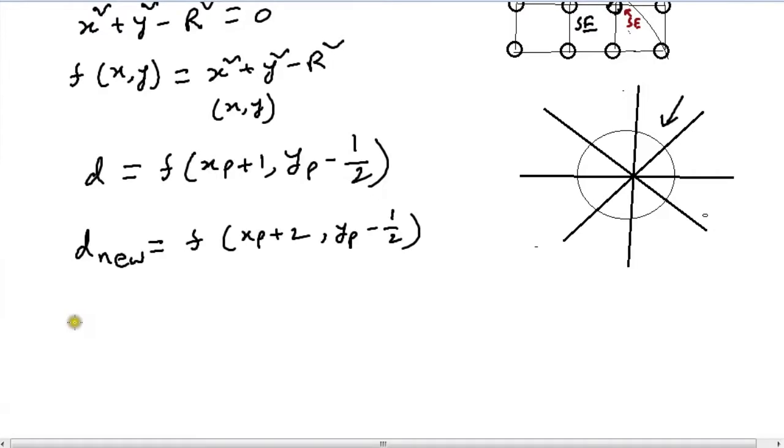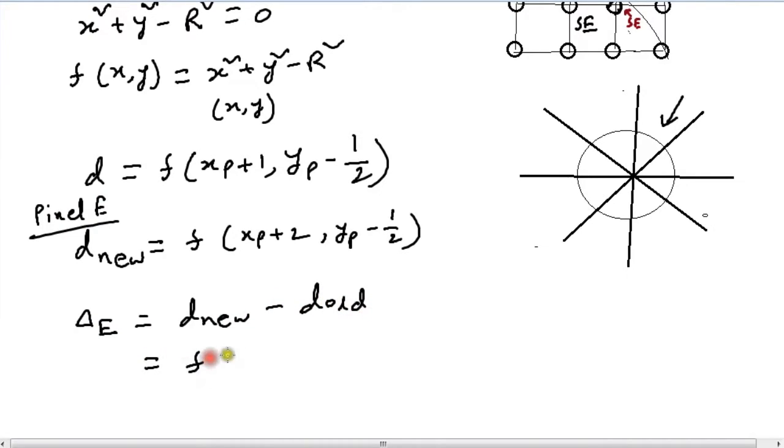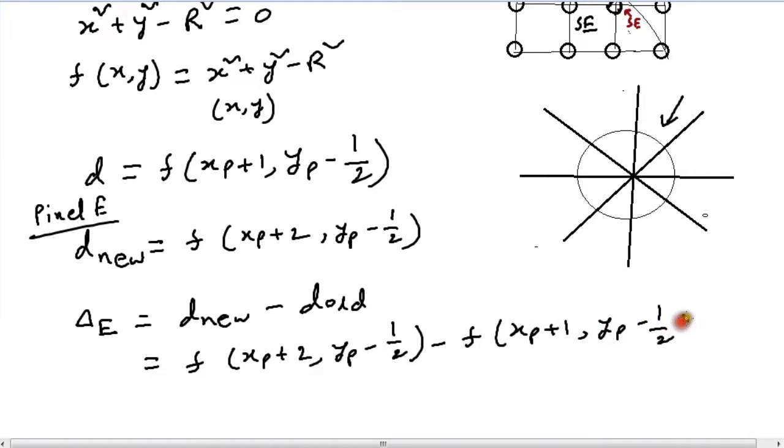So what's the difference? If we say the difference is del E, because we're choosing pixel E here. So the del E, or the difference between d new and d old, would be f of xp plus 2, yp minus half minus f of xp plus 1, yp minus half.